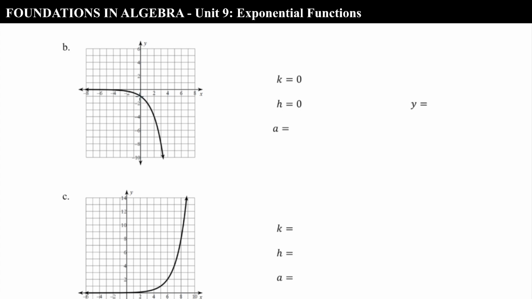We are reflected, however, reflected across the x-axis. So our a is going to be negative, and since we're not stretched or compressed, it'll be negative 1. So in our equation, we're going to lead with a negative. Our k and our h are 0, so all that's left to write is 2 to the x.